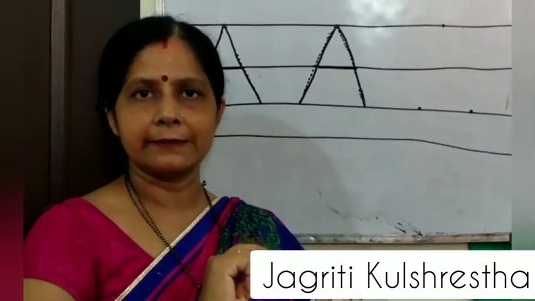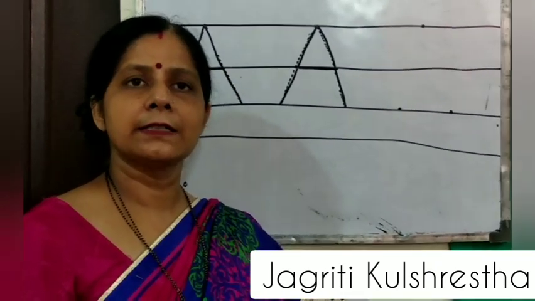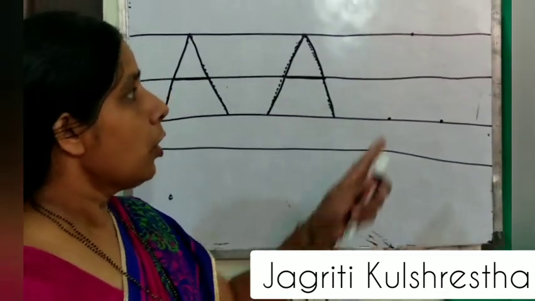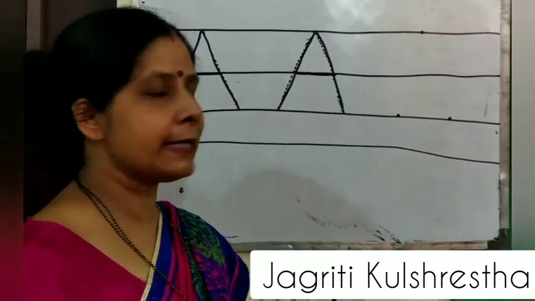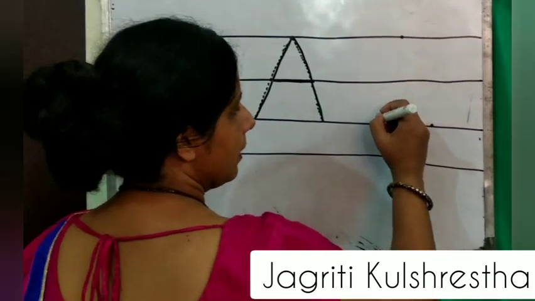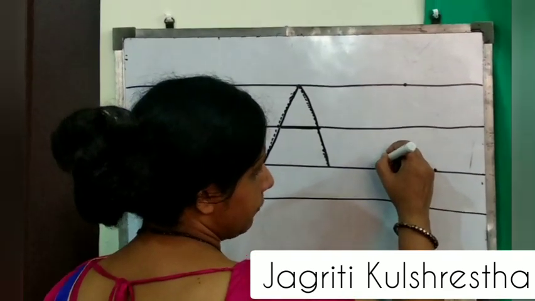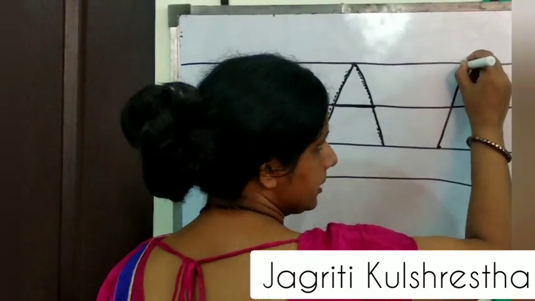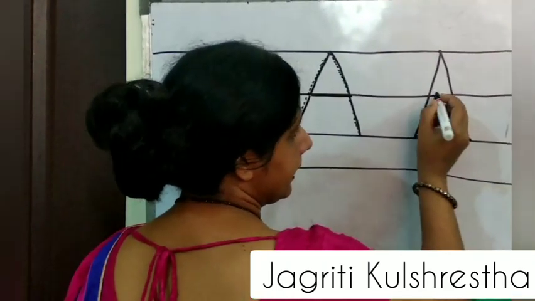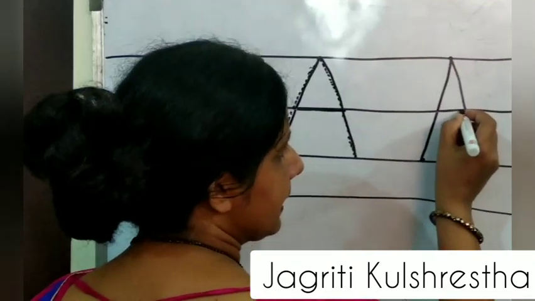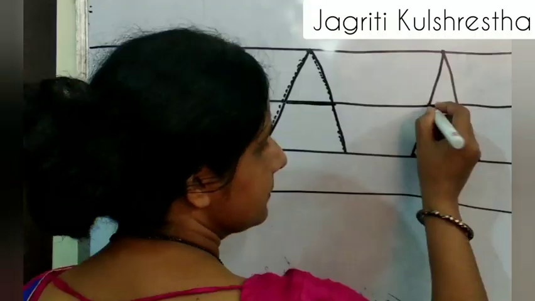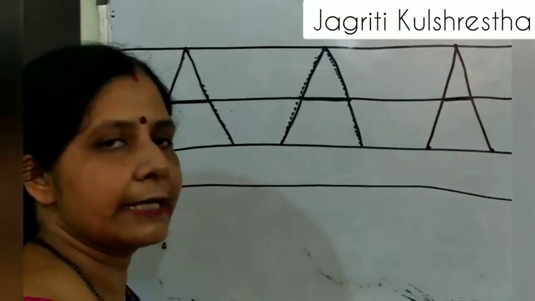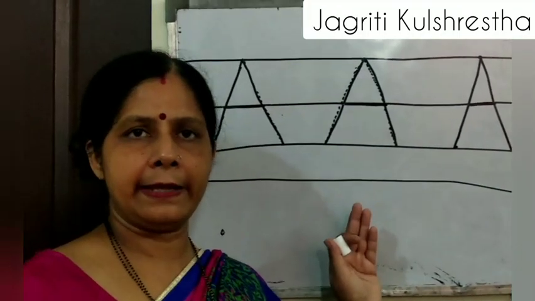Now on the dots, how will you make it? You will go from this dot up and from this dot down, and then one sleeping line. Like this you will make A.